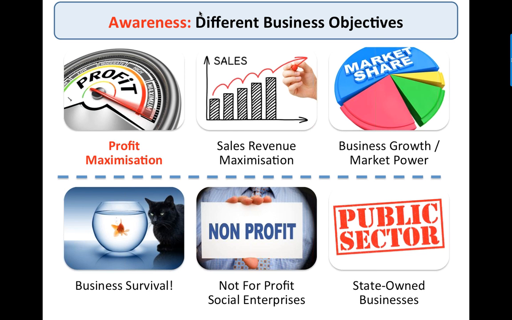And we see the rise of very disruptive businesses like Alibaba, like Uber, like Facebook. Oftentimes surviving as a business is a key objective. Business survival is a very different, if you pardon the pun, very different fish from profit maximization.